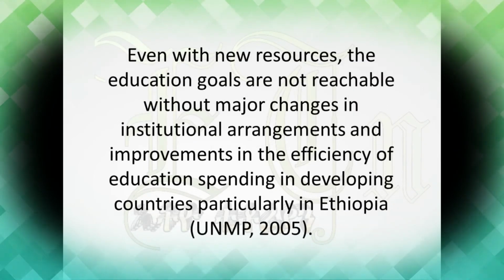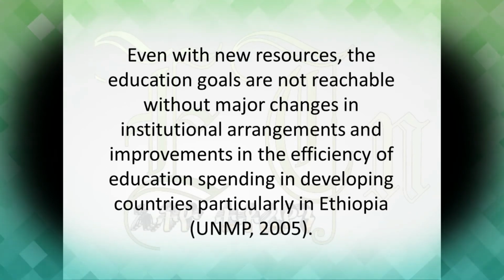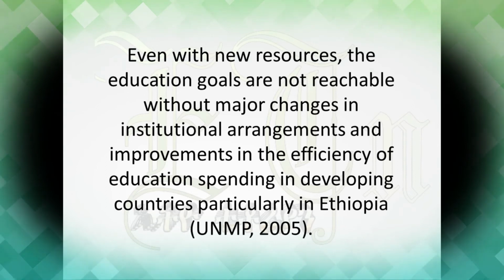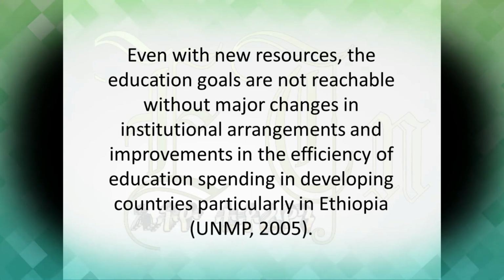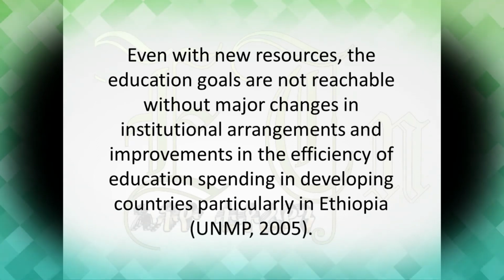Even with new resources, the education goals are not reachable without major changes in institutional arrangements and improvements in the efficiency of education spending in developing countries, particularly in Ethiopia.